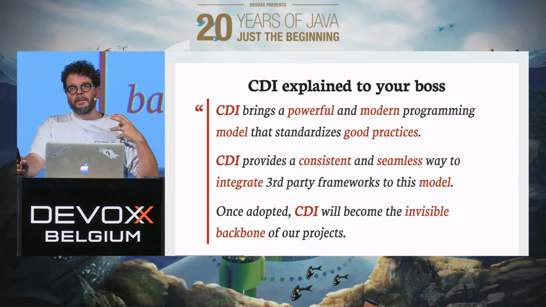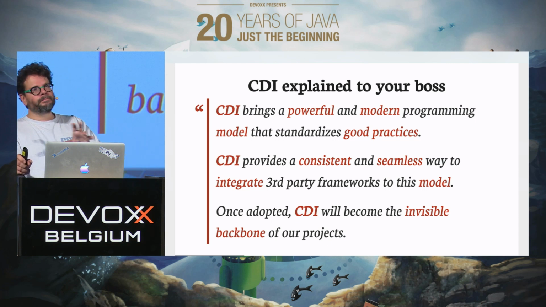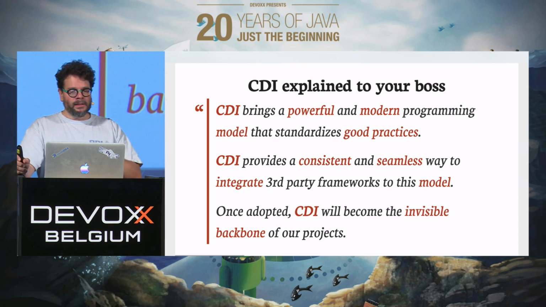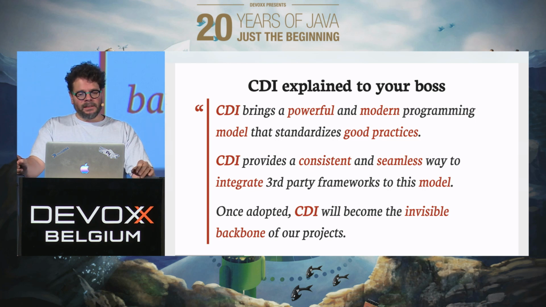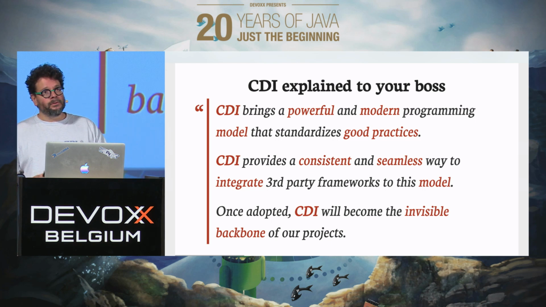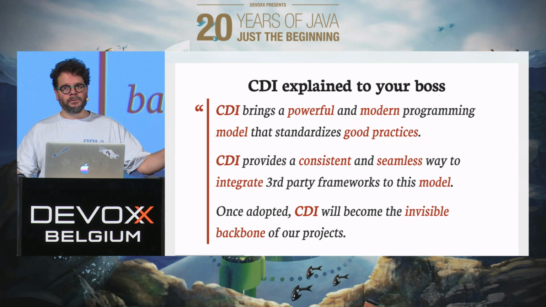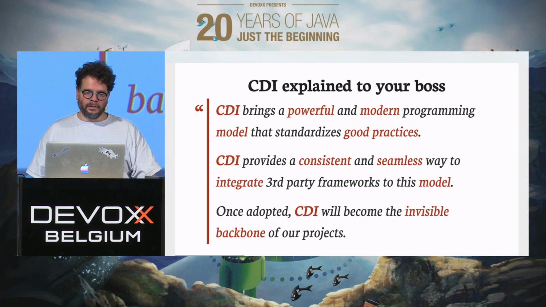You have a very invisible way to bring consistency and add third-party technology to your application through this model. And when you have switched to CDI, you have a kind of invisible backbone on your project that you can use to add new stuff and go very, very far.